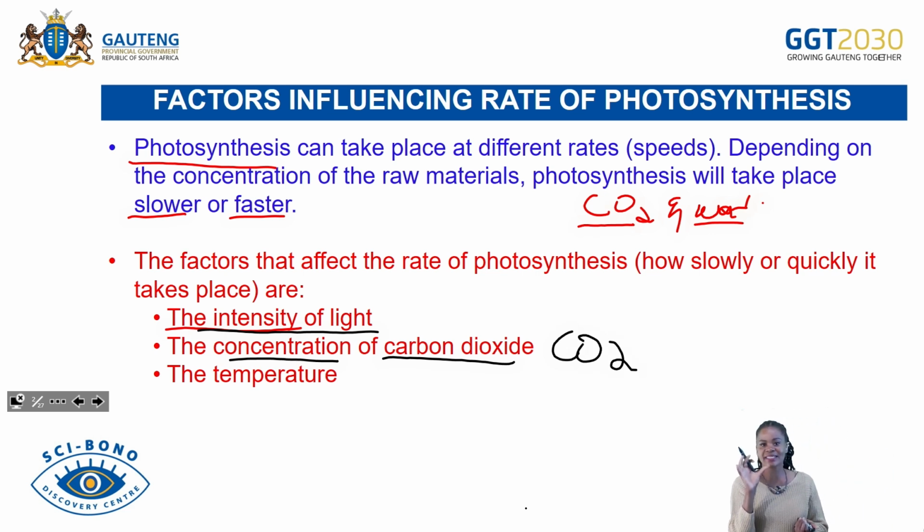So carbon dioxide can also play a very crucial role in the rate of photosynthesis, depending on whether it is in its optimum amount or it is lower. It will depend. And then the other factor that can influence the rate of photosynthesis will be temperature. Now let us quickly unpack all these factors one by one.